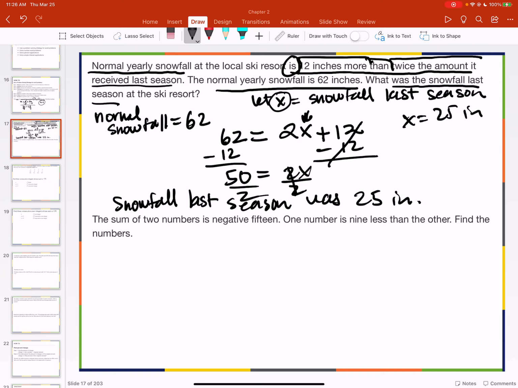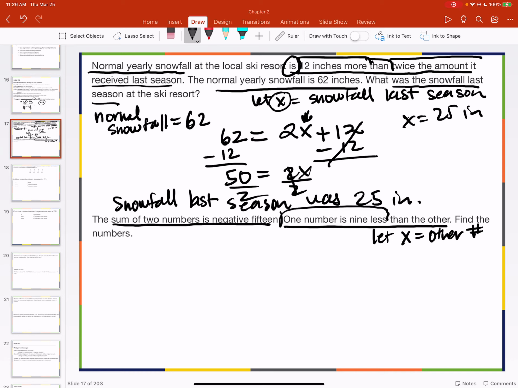The sum of two numbers is negative 15. Okay, so we know that we're going to add two things. One number is 9 less than the other. Find the numbers. So let x equal one of the numbers. Let's call it the other number. And then the one of them is 9 less than that.